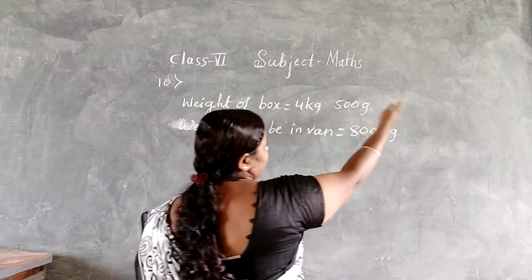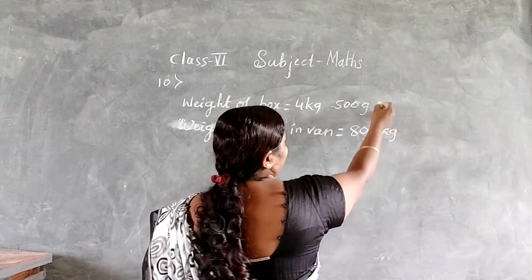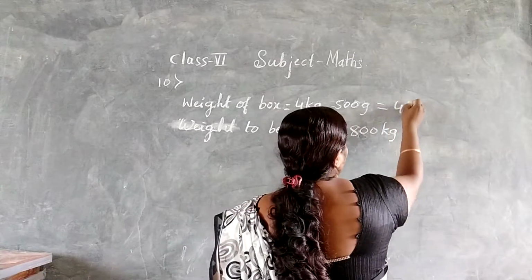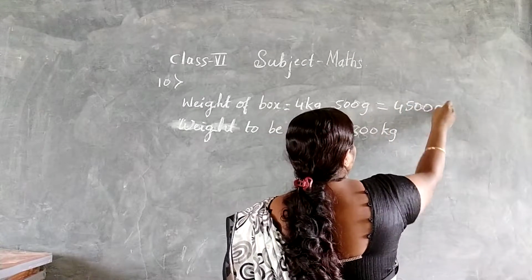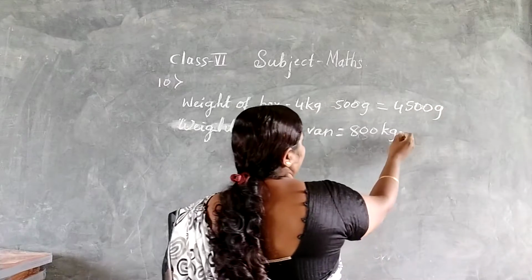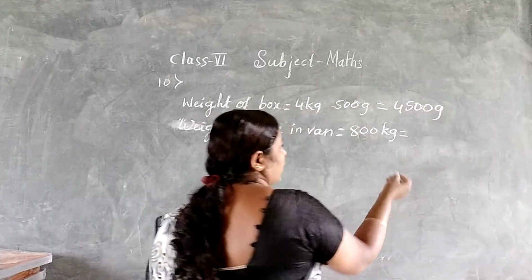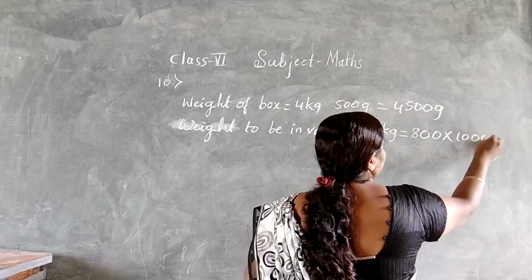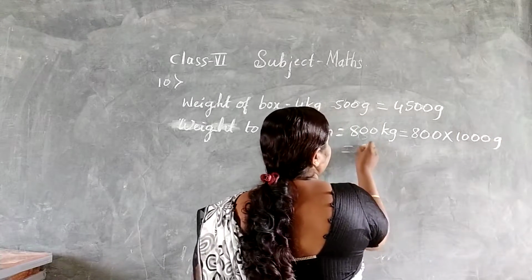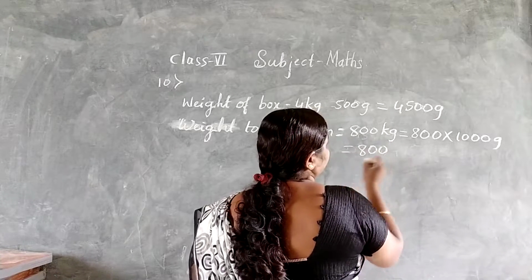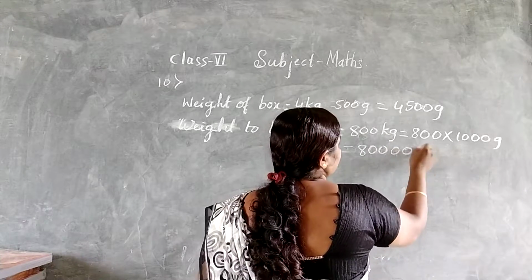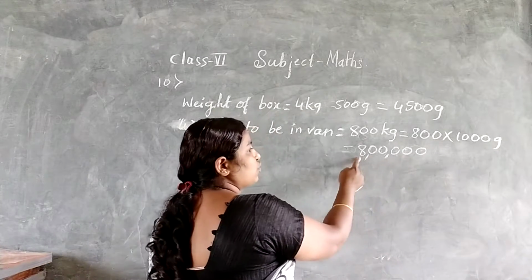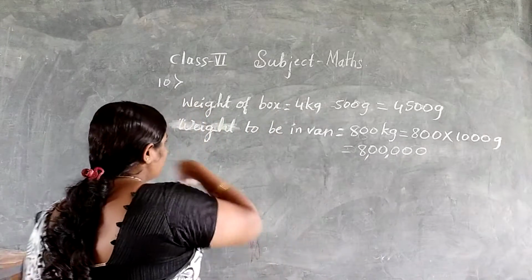We should convert this to gram, and this should also be converted to gram. 4 kg 500 gram means 4500 gram. 800 kg converted to gram is 800 into 1000 gram, so again 3 zeros. This becomes 8 lakh.